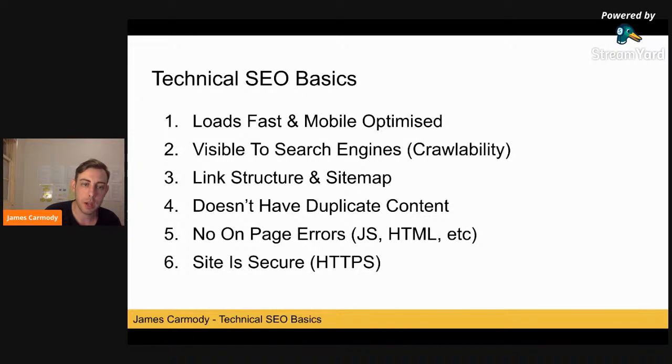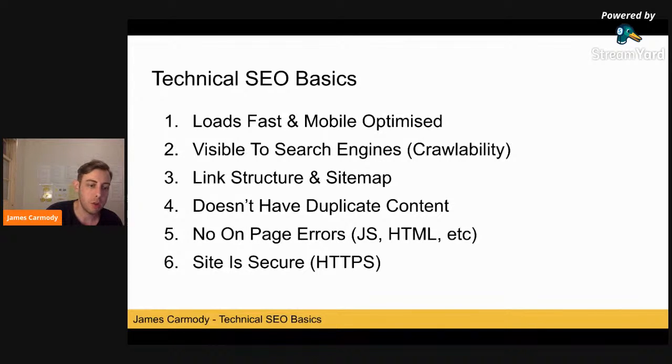Link structure and sitemap. More on that later, but that's basically just organizing your website into folders so that it is easy for Google to understand and easy for people to understand. Now this one might be an obvious one, but I see it quite a lot. Duplicate content.